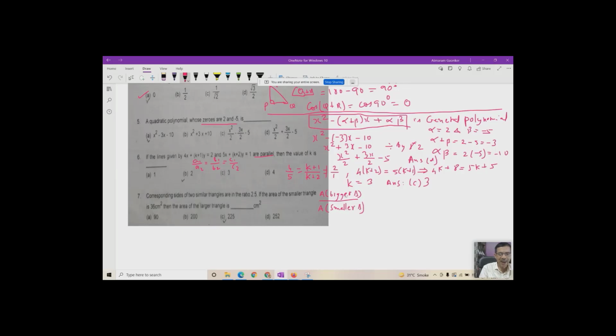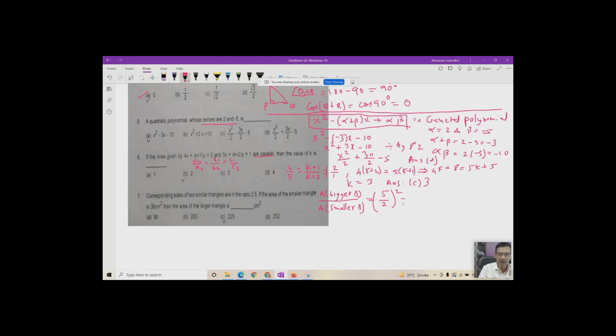I'm writing the bigger triangle on top only because that quantity we are required to find. The smaller triangle is given, and it is the ratio of the bigger side upon the smaller side. Bigger side is 5 and smaller side is 2, so that is 5 upon 2 the whole square.